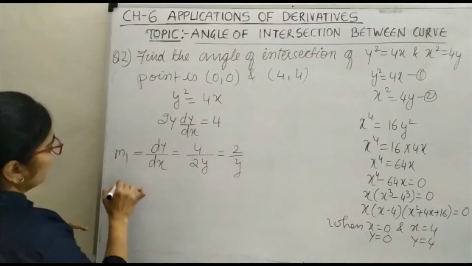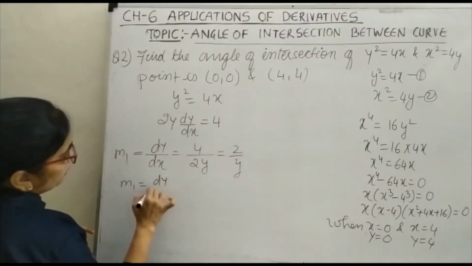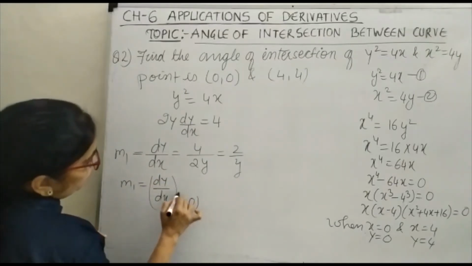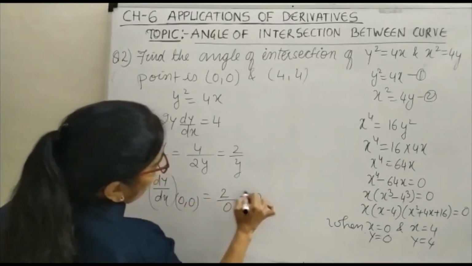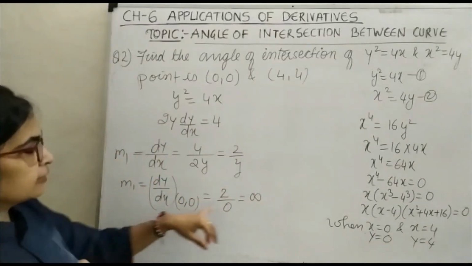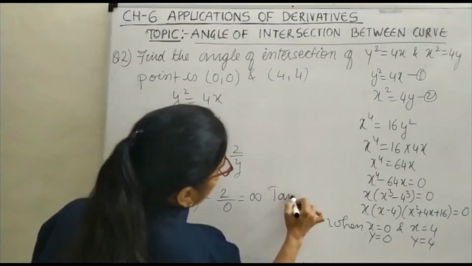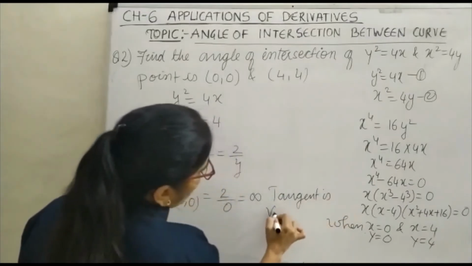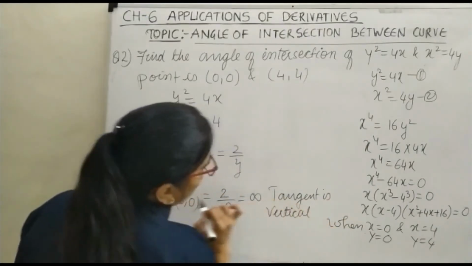Now this m1, that is dy by dx at point 0, 0, will be equal to 2 upon 0, and this is equal to infinity. That means the tangent is vertical.